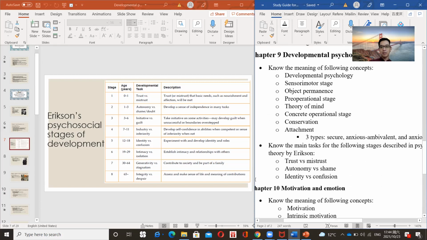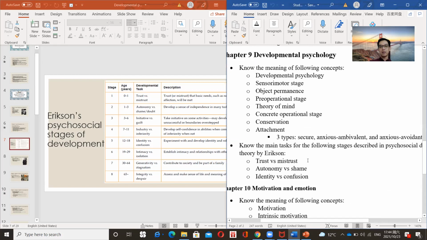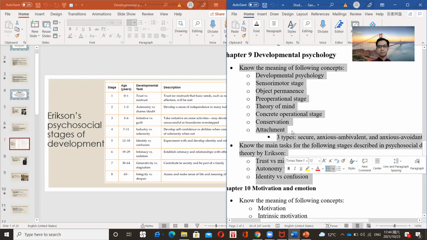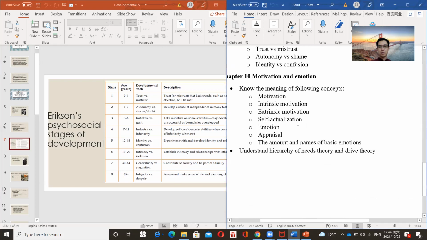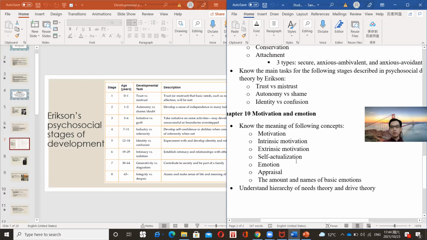Okay, this is all the stuff about developmental psychology. Of course, there is a lot more knowledge covered in that lecture, in the chapter, but at least we need to know this. And next we can go to the last chapter for midterm 2, which is about motivation and emotion.